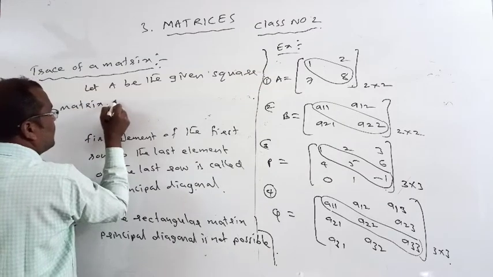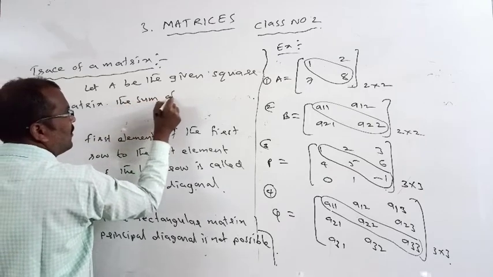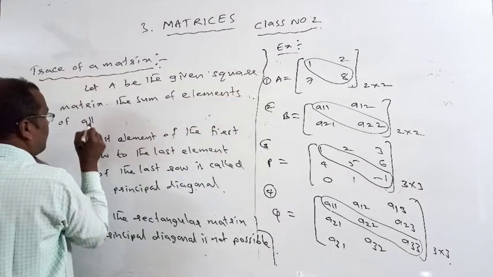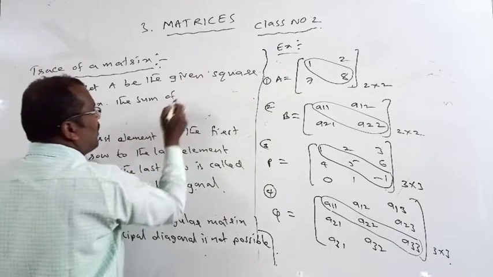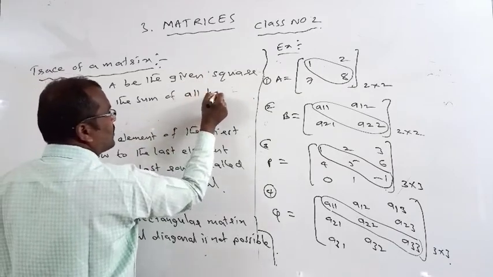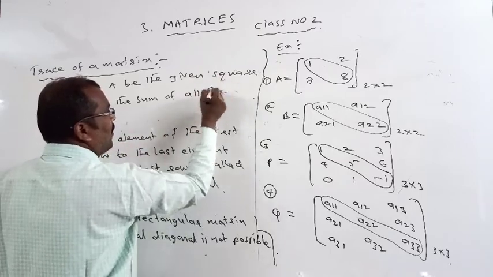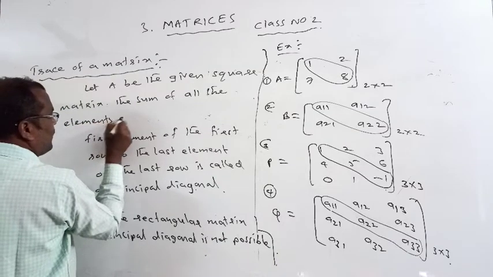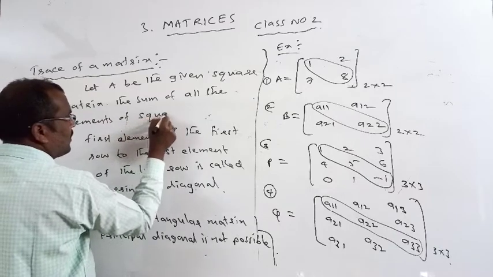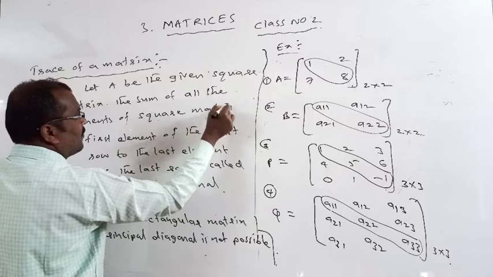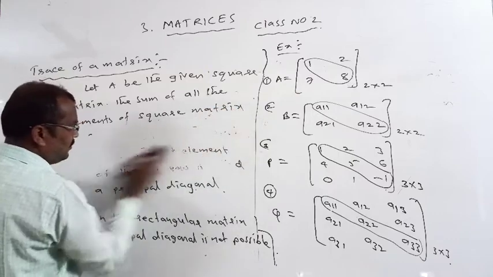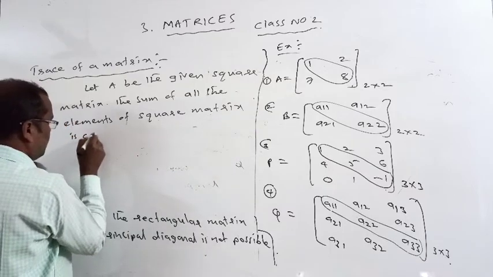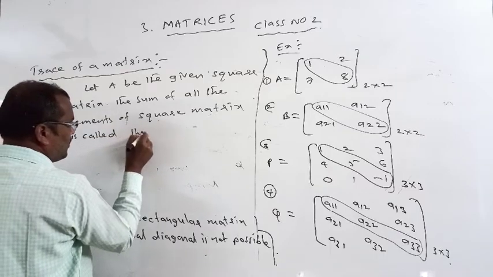The sum of all the elements of a square matrix is called the trace of the matrix.